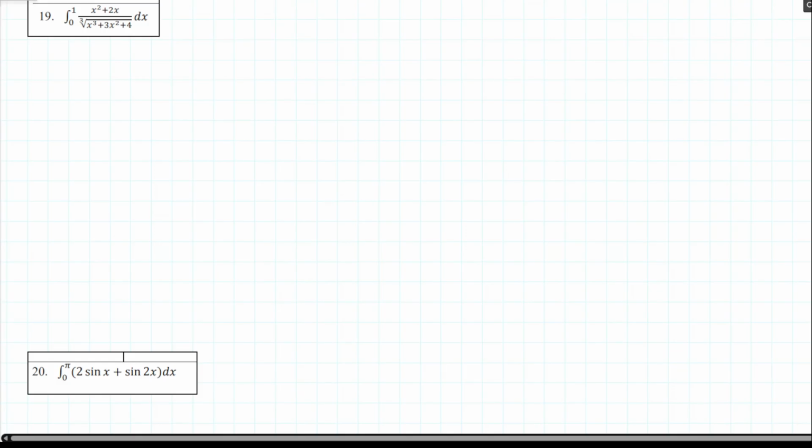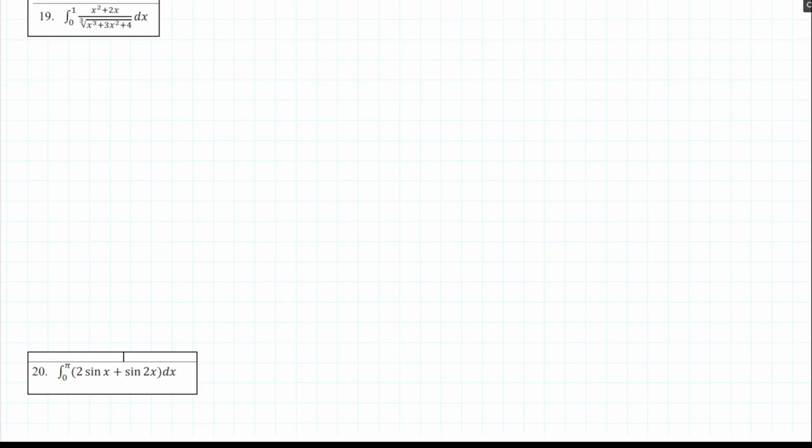And we have the, so we have u equal to, since the derivative is available in the numerator, so let's use u equal to x cube plus 3x square plus 4. Then du is, the 3x square derivative is 6x, and dx.